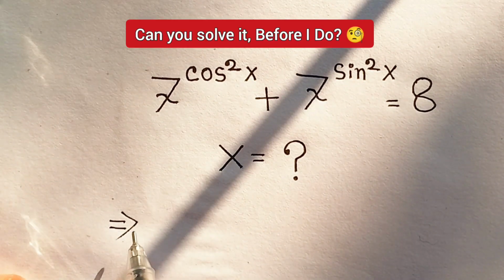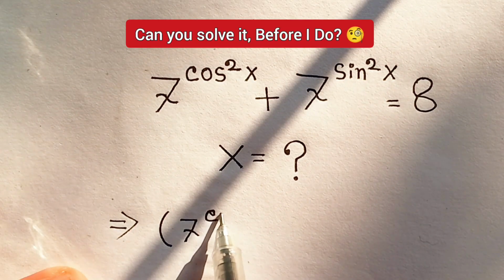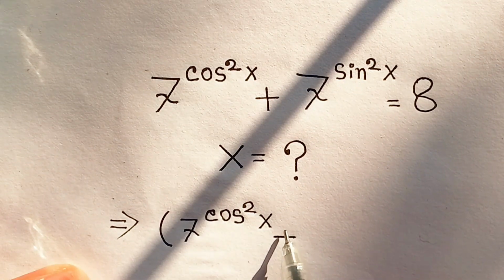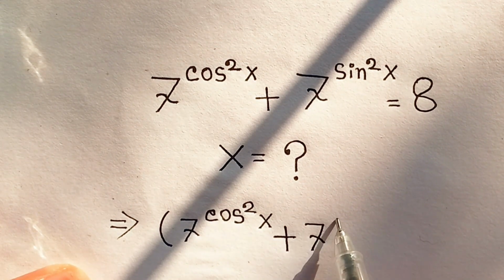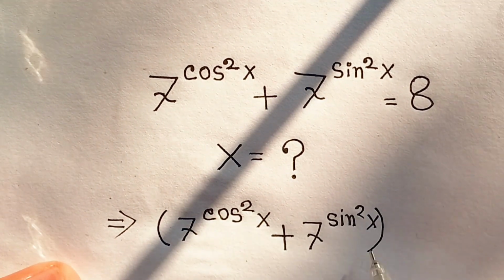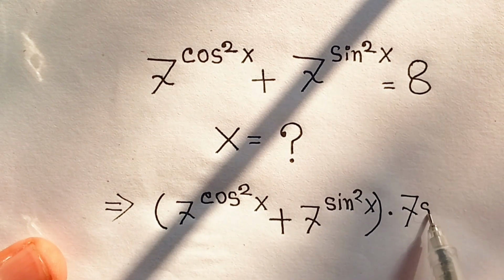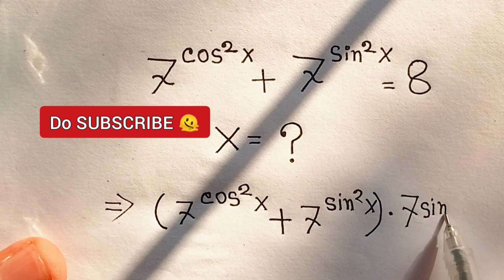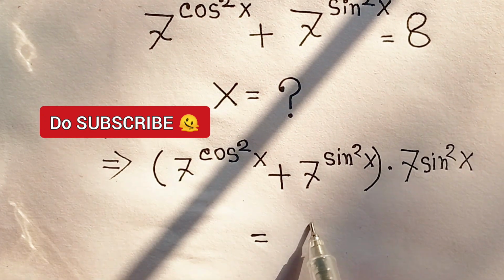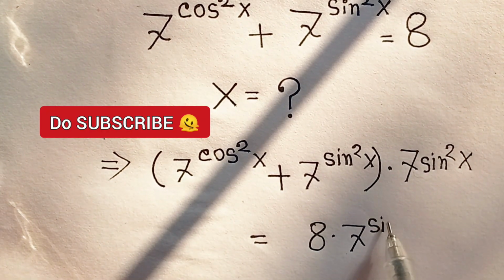So take a look, we can write here (7^(cos²x) + 7^(sin²x)) times 7^(sin²x) is equal to 8 times 7^(sin²x).